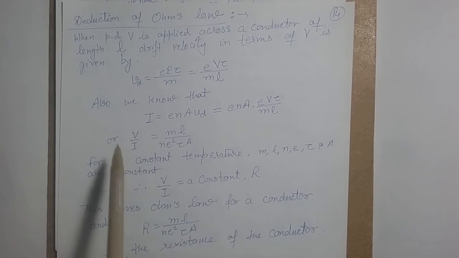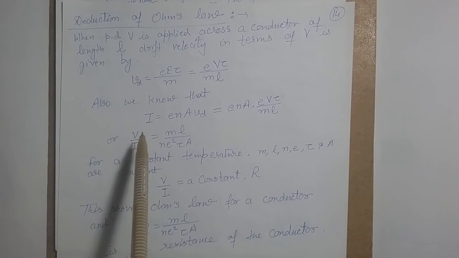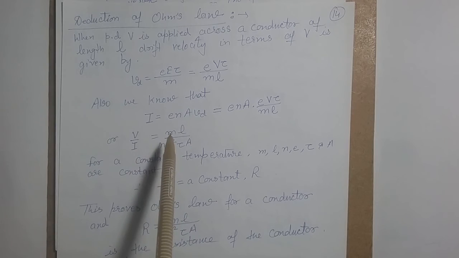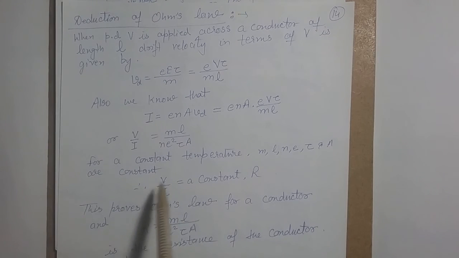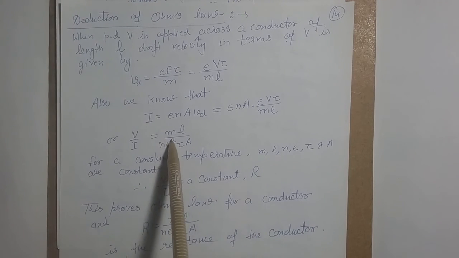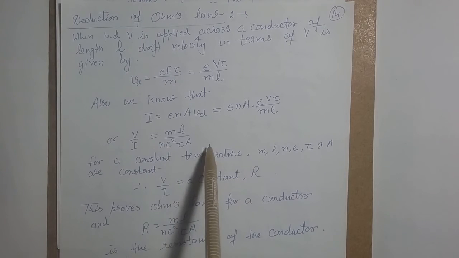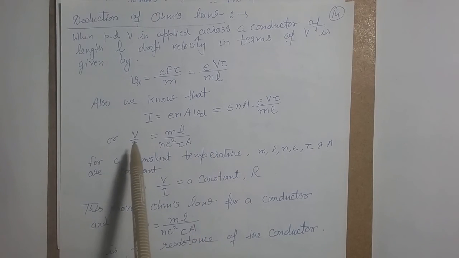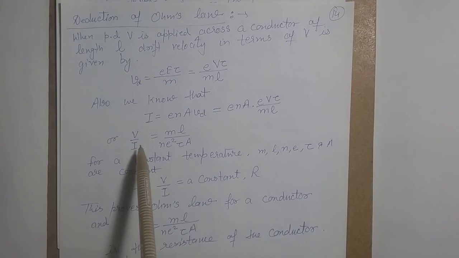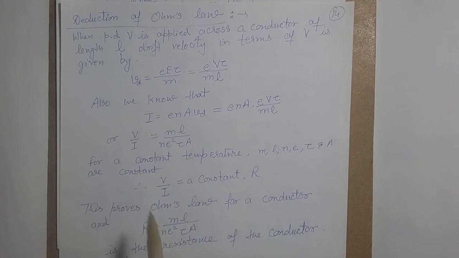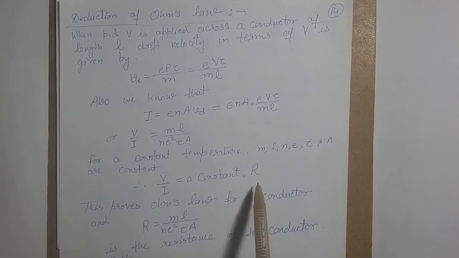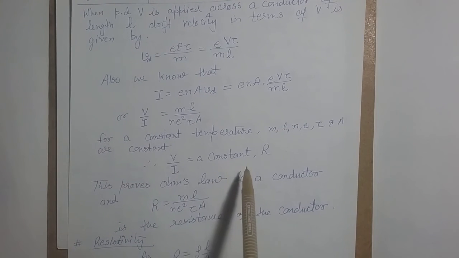Rearranging the terms, we get V upon I is equal to m into L upon n e square tau A. And for a constant temperature, all these terms remain constant. So we can say that V upon I is a constant, and let us replace all these terms with a single constant, that is V upon I is equal to a constant R, which proves Ohm's law.